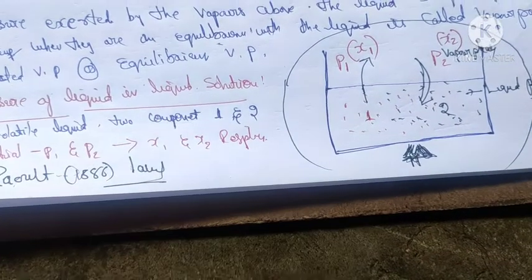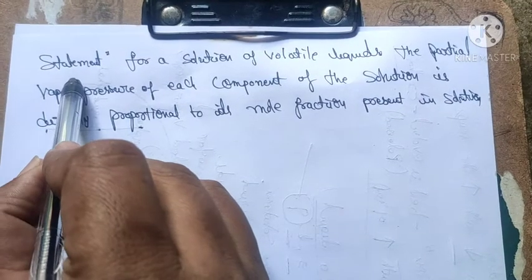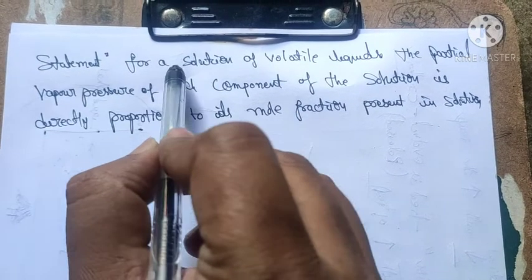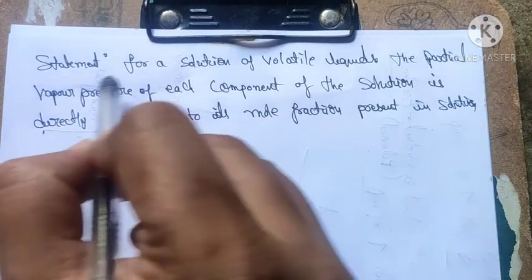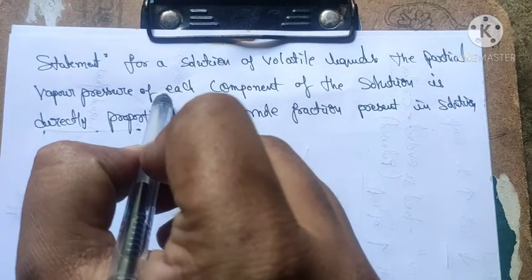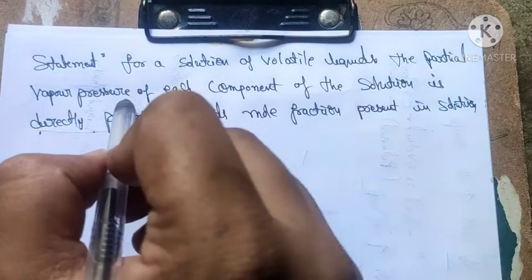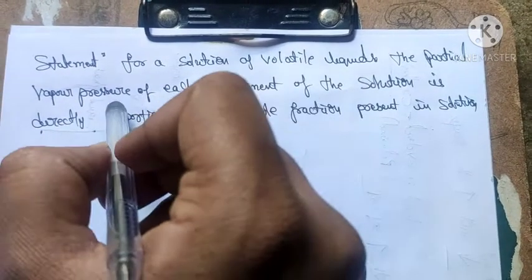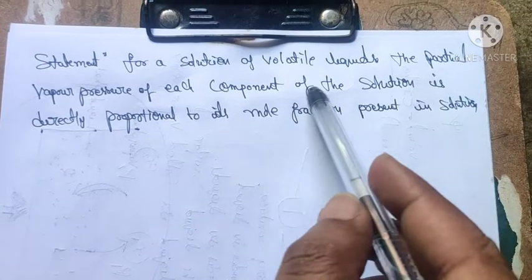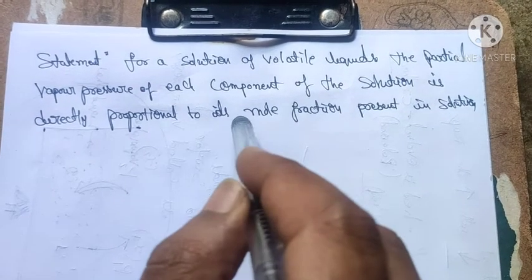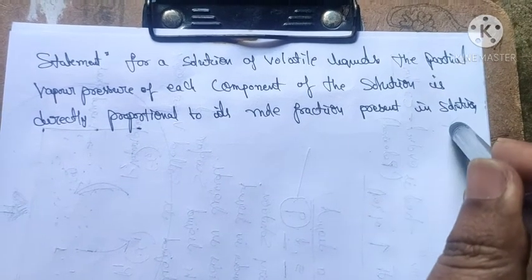What is the statement of Raoult's law? Students, this is the statement of Raoult's law. For a solution of volatile liquids, the partial vapor pressure of each component of the solution, each component meaning either of the two components, is directly proportional to its mole fraction present in the solution.